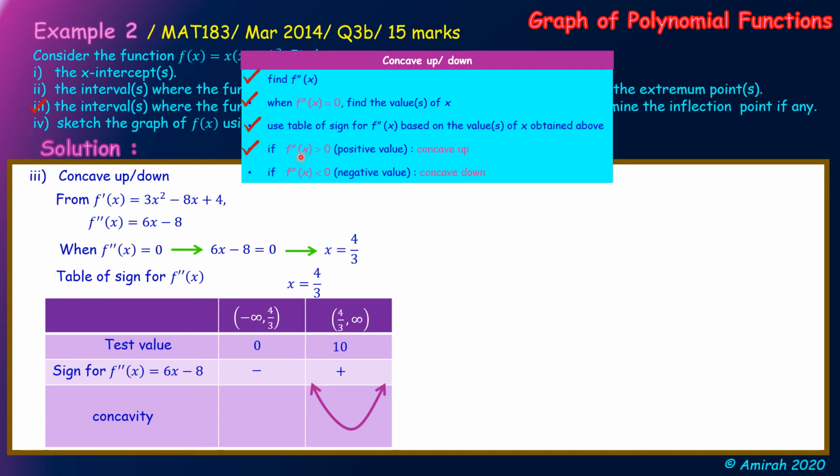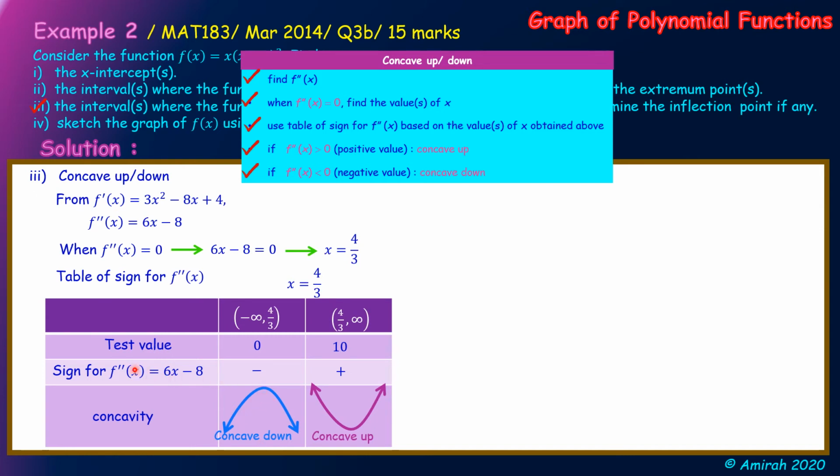When f double prime has a positive value, it means we have concave up. Concave up looks like a smile. And when f double prime x has a negative value, we get concave down. Concave down looks like a sad graph.